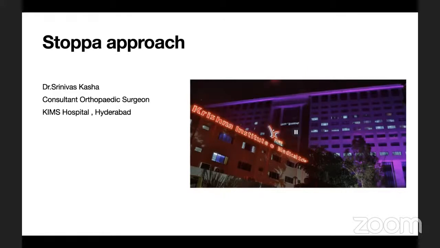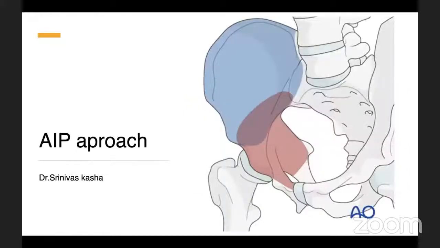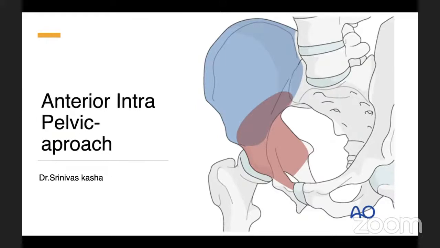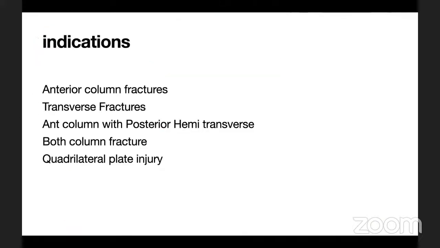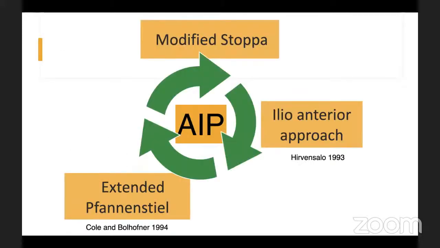So my topic is the modified Stoppa approach, the AIP approach. AIP is the anterior intrapelvic approach. The anterior approach was given by Stoppa, who is one of the pioneers for this particular approach, and the extended Fan and Steel approach by Cole and Bolhofner.